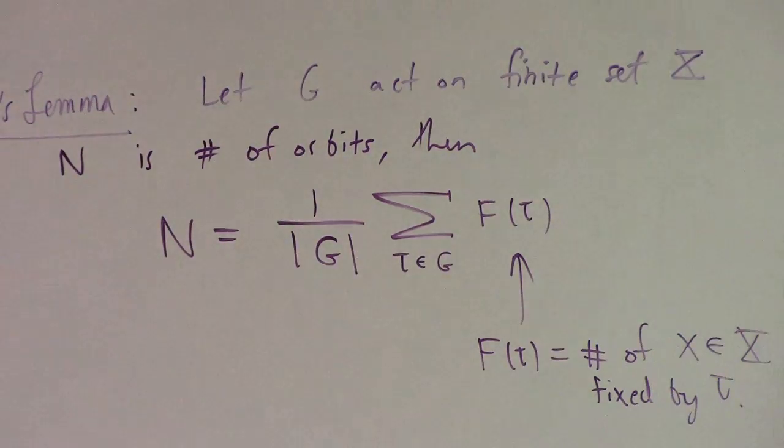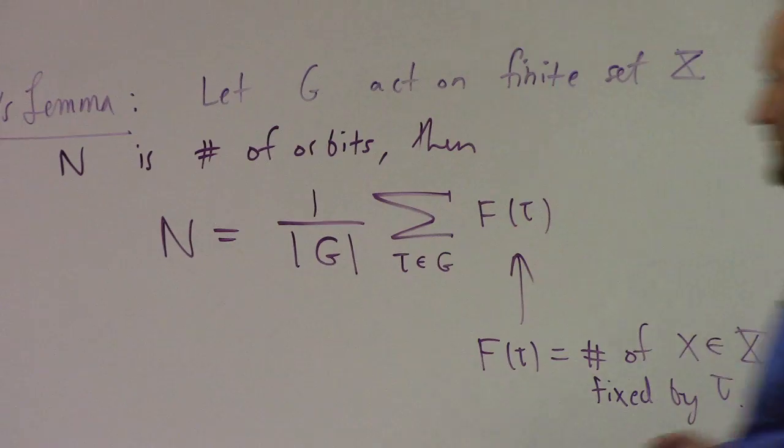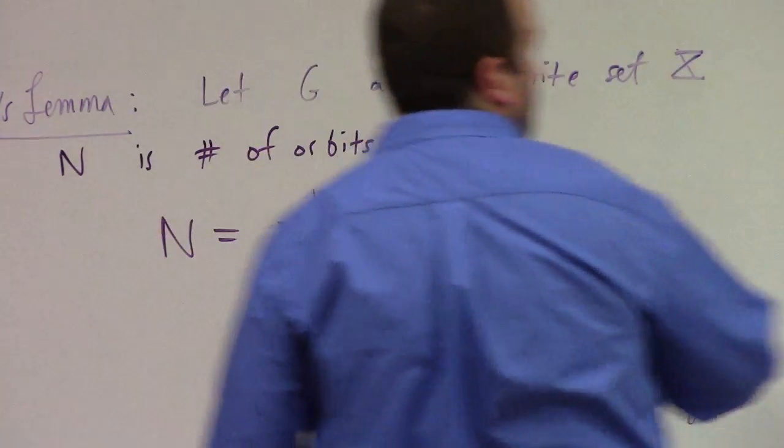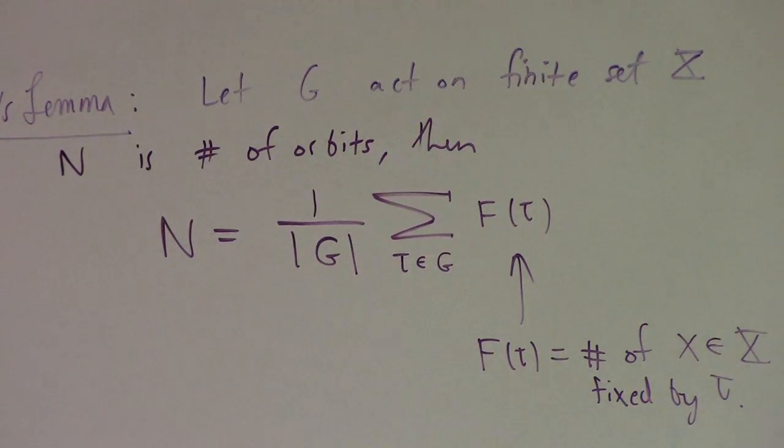Suppose you're trying to count the number of flags that you can make with 6 stripes. So you got this flag. It's got one, 2, 3, 4, 5, 6.